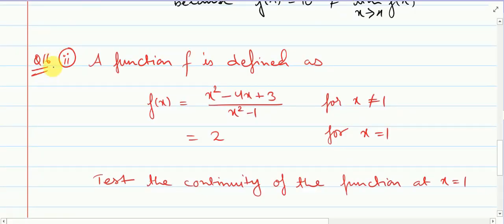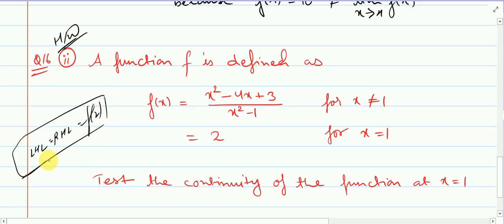Okay, so question number 16.2 will be your homework. Here a function is given. This is how it is defined. For x not equal to 1, it's defined like this, and for x equal to 1, it's defined like this. So you have to test the continuity of this function at x equal to 1. That means you need to show that left hand limit is equal to right hand limit is equal to f of 2.